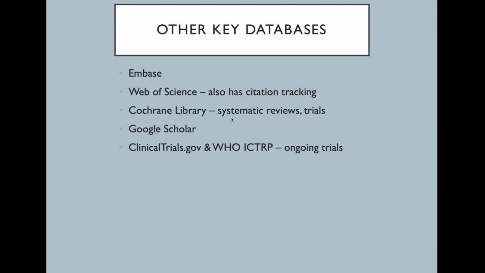Cochrane Library has a lot of systematic reviews and trials, those higher level studies that we talked about. And then ClinicalTrials.gov looks at different clinical trials in the United States as well as internationally. And there's a similar database at the World Health Organization where you can similarly search for different terms and look at ongoing and completed clinical trials.